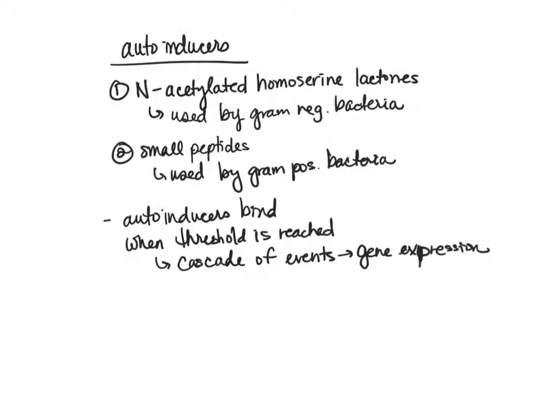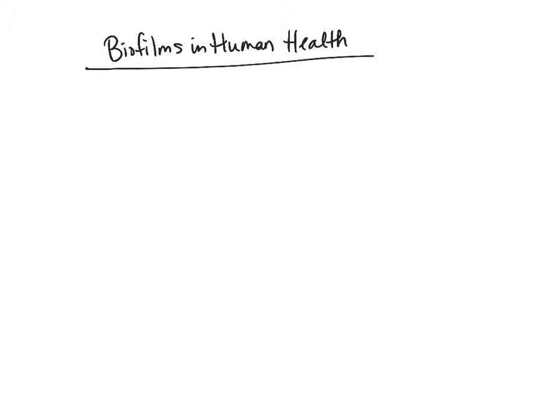So when we talk about it as far as human health, I've kind of been mentioning it that way. But not all biofilms are bad in human health. So for example, we have biofilms in our intestines. And these biofilms in our intestines are good, right? Because they're going to help break down food, for example.